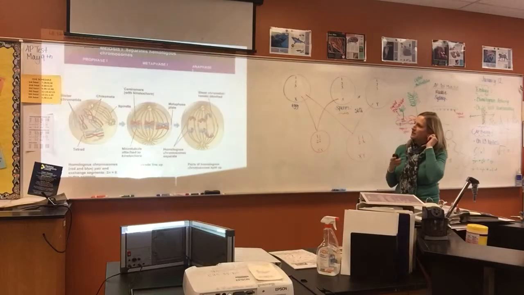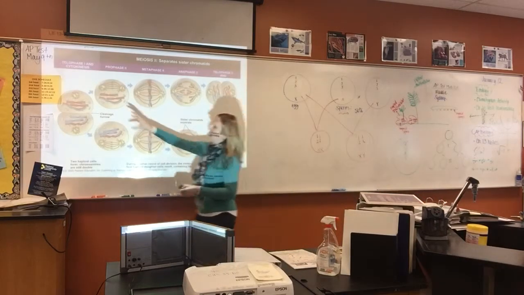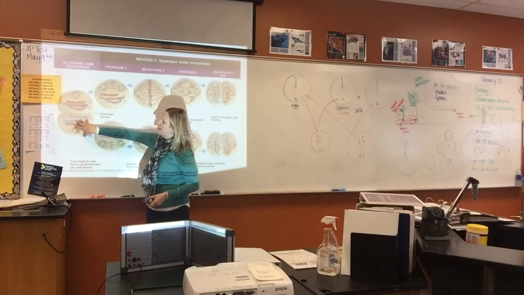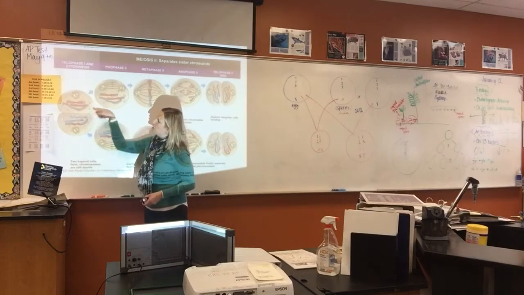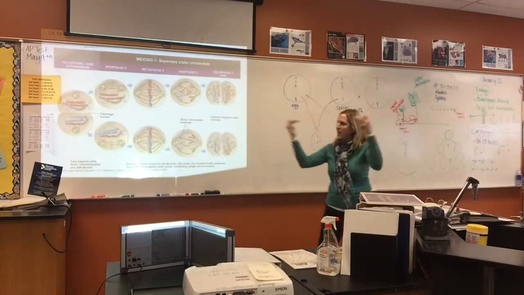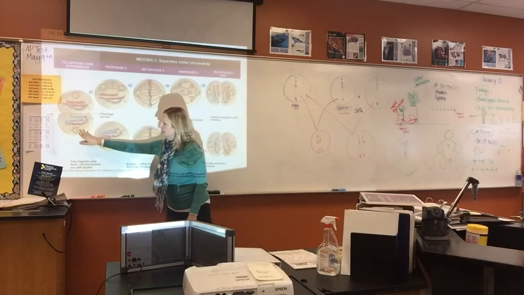And so then we looked at telophase, where now you have one of each kind of replicated chromosome on either end of the cell, and you have a nuclear envelope reforming, and then cytokinesis starting where that indentation is occurring. But this picture is still telophase.